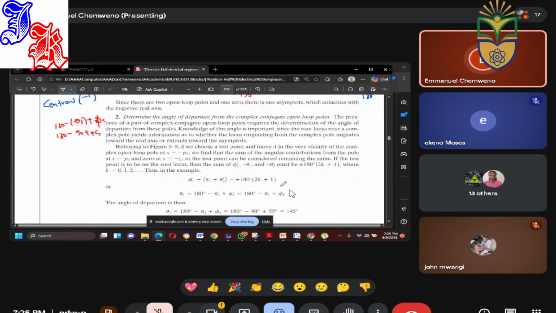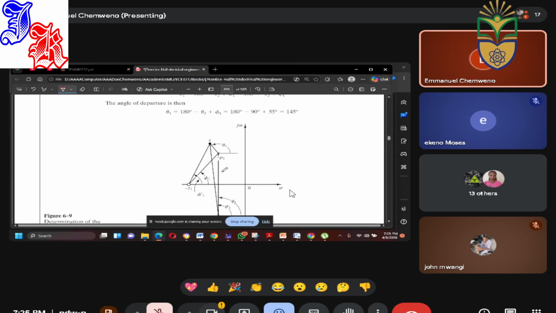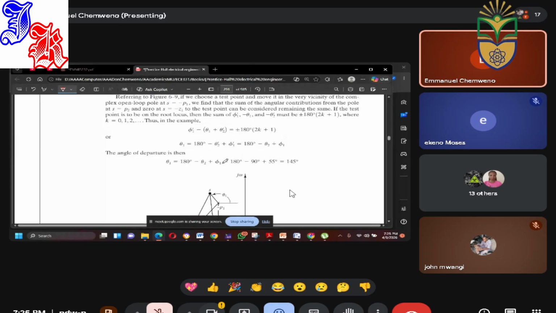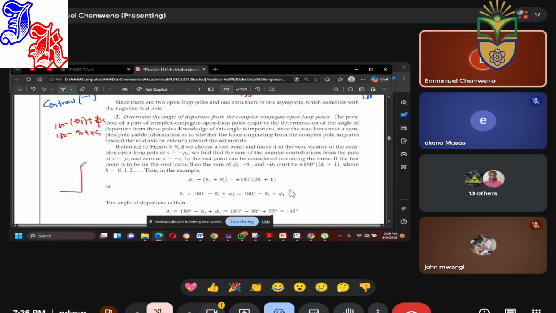So angle of departure is 90 plus, I thought it's 45. Yeah, should be 135 or 145. It is 55. Oh, this is not 1, this is root 2. So this is root 2, and this is 1. So the angle is not 45 degrees.